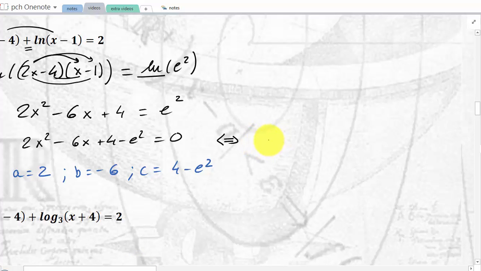So let me divide by 2 first. So we have x squared minus 3x plus 2 minus e squared over 2 equals 0. Okay, so now what? So we have (x minus 3/2) squared minus 9/4.